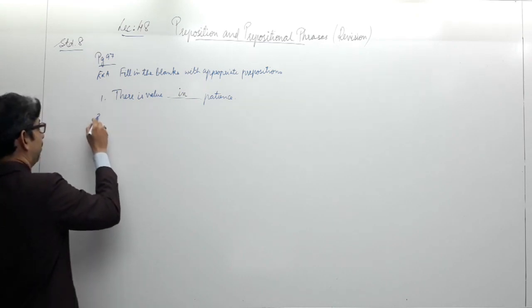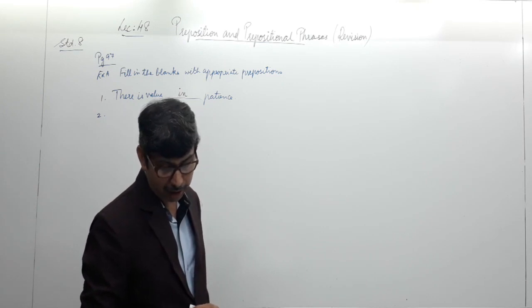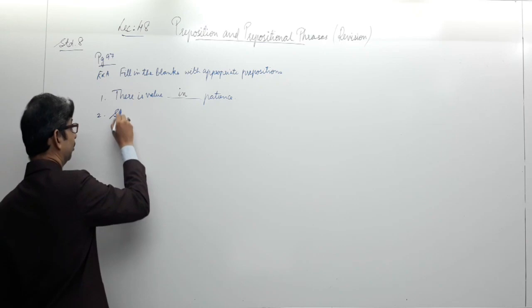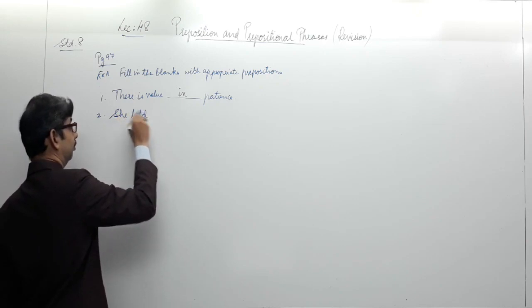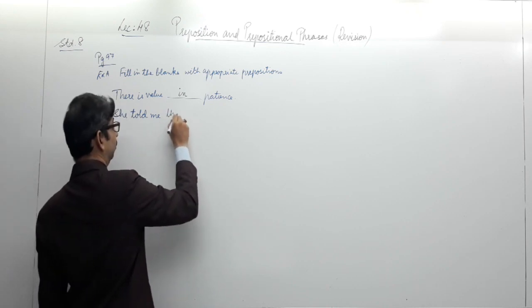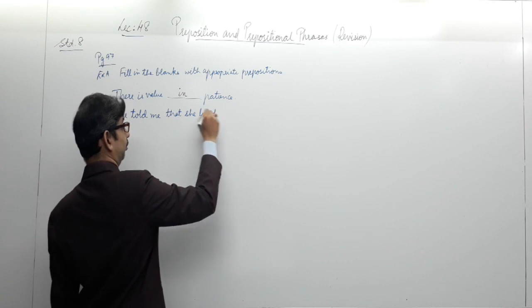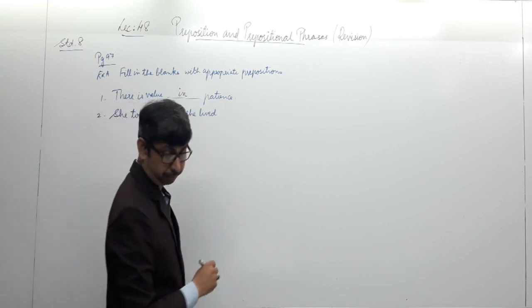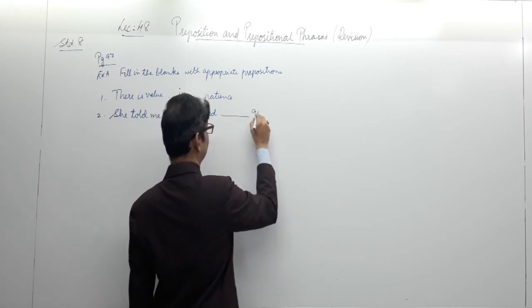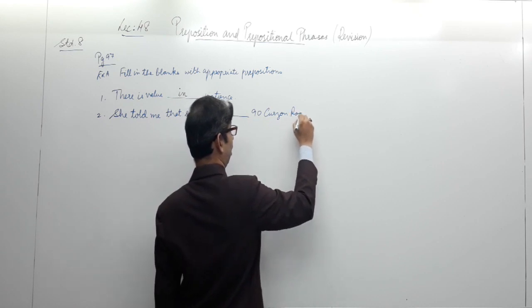Next sentence. Sentence number 2. She told me that she lived dash 90 Curzon Road.